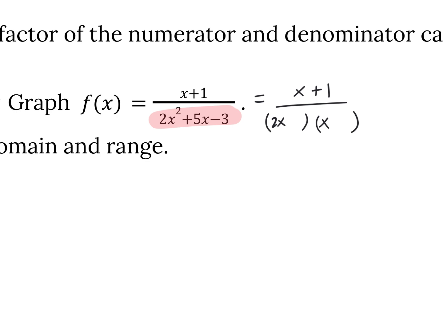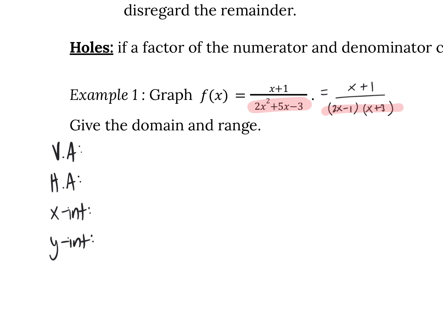So that would be a +3 here and a -1, okay? Now I can set the denominator equal to 0 a lot easier, and I can see that there are going to be 2 vertical asymptotes, and they're going to be at x equals 1/2 and at x equals -3.